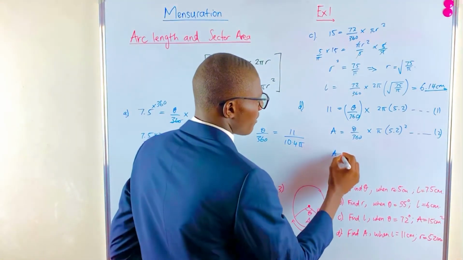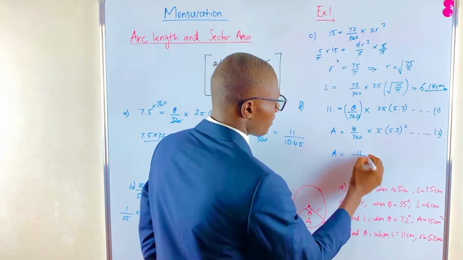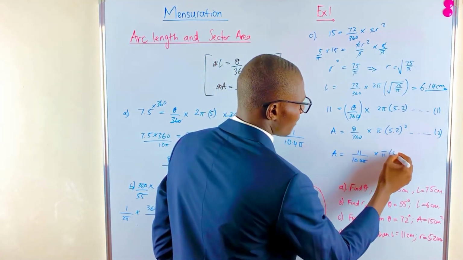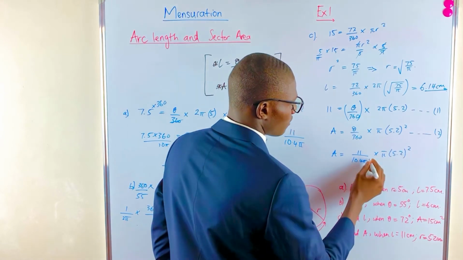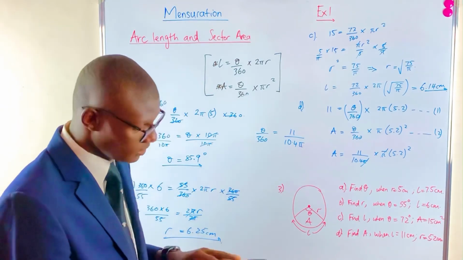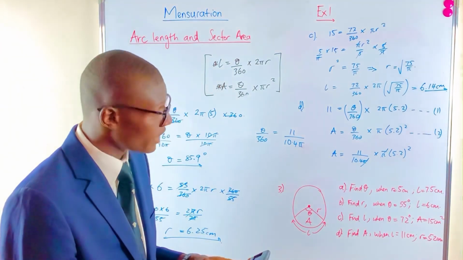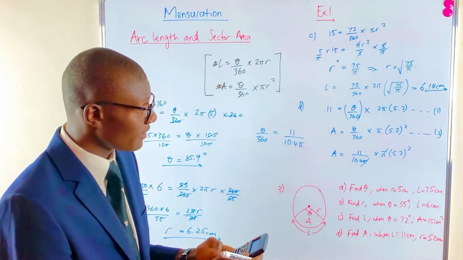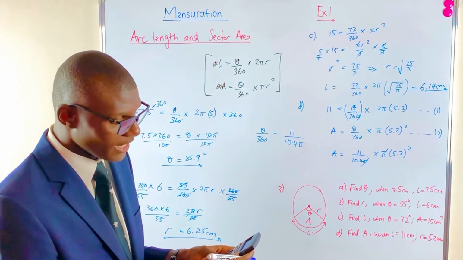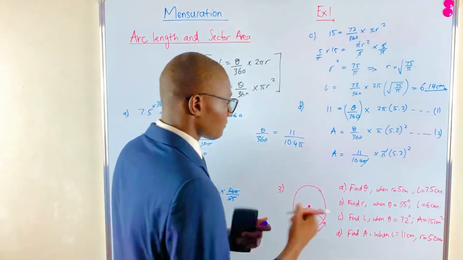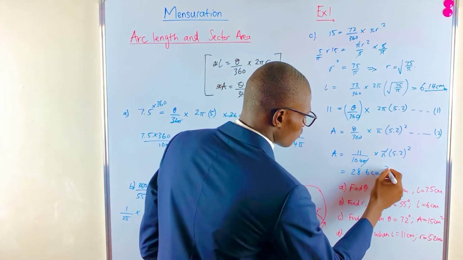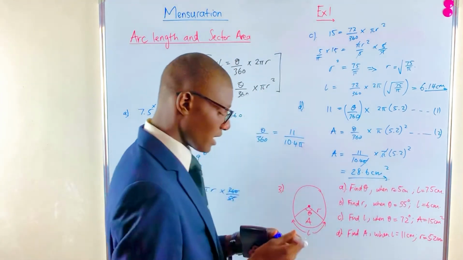Such that the area would be equal to 11 over 10.4 pi times pi times 5.2 squared. And of course the pi's will cancel there. Then 5.2 squared times 11, divided by 10.4, we get an answer of 28.6. So the area will be 28.6 square centimeters.